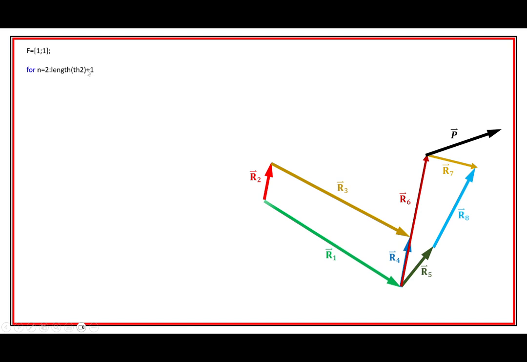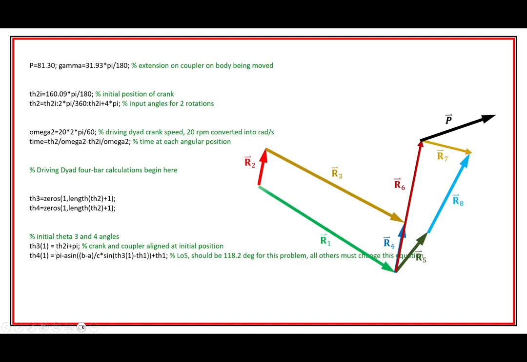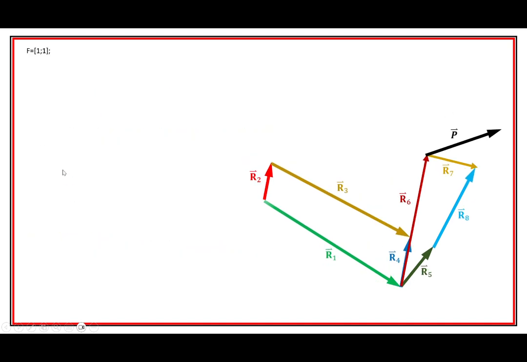I think I had to add the +1 just to get the dimensions to work out correctly. So n starts at 2, but then in here we're going to subtract 1. So we're actually going to use as our first guess what we got from these initial position angles, which is a good thing to do because then we're going to be pretty close.